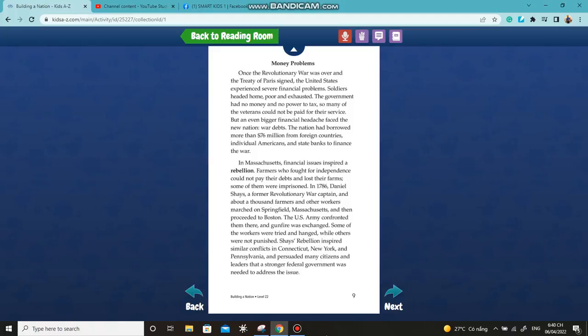The U.S. Army opposed them there, and gunfire was exchanged. Some of the workers were tried and hanged, while others were not punished. Shays' Rebellion inspired similar conflicts in Connecticut, New York, and Pennsylvania, and persuaded many citizens and leaders that a stronger federal government was needed to address the issue.